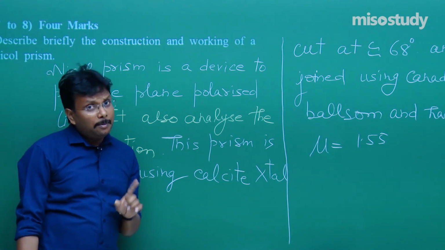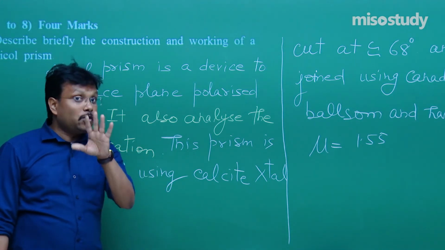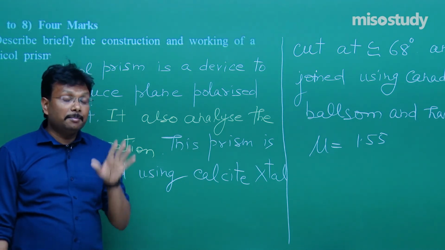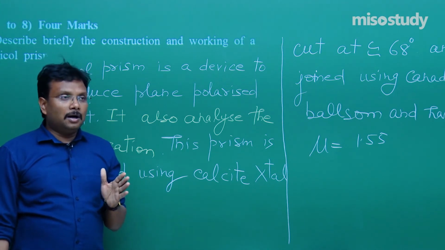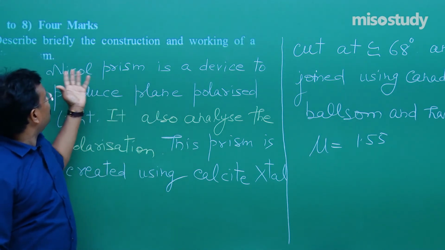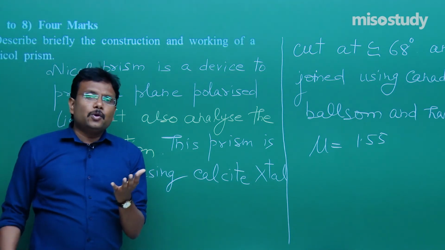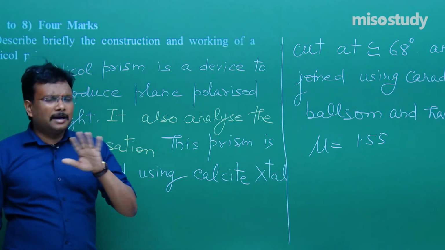Working, with the help of a diagram, I explained that the prism is placed. You have to produce the same diagram which is present in our videos: place this calcite crystal combination that is defined as this prism, and then show the light coming, the reflected ray and so on.